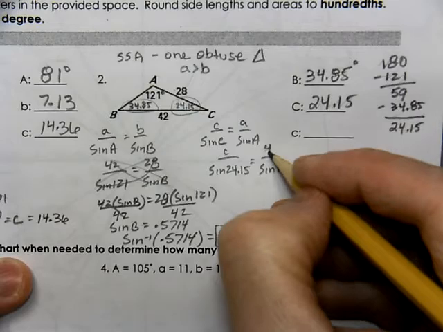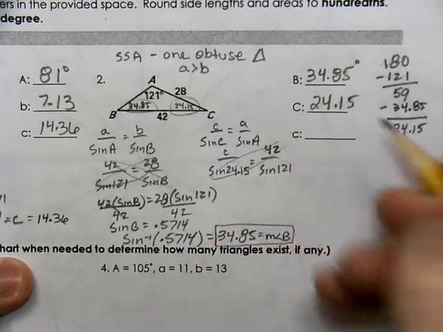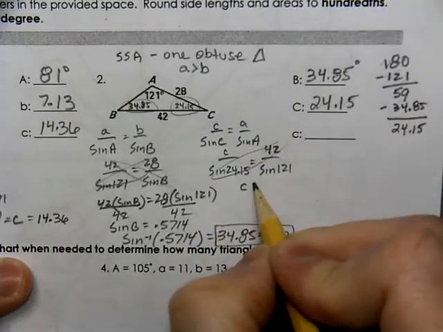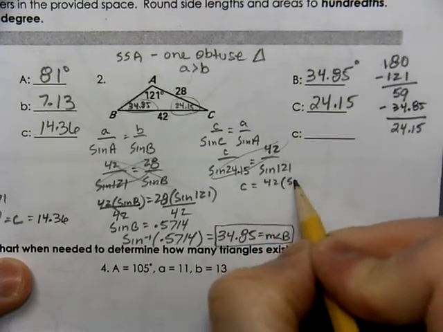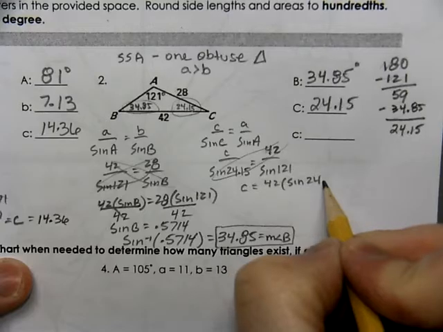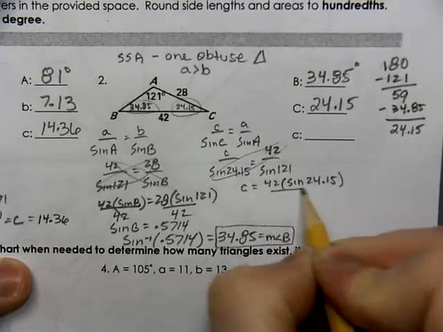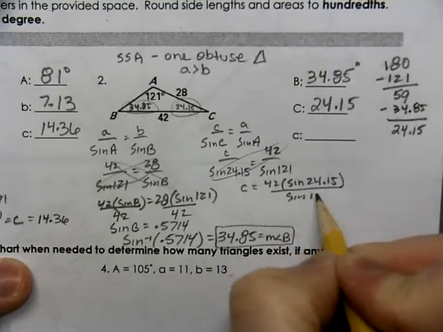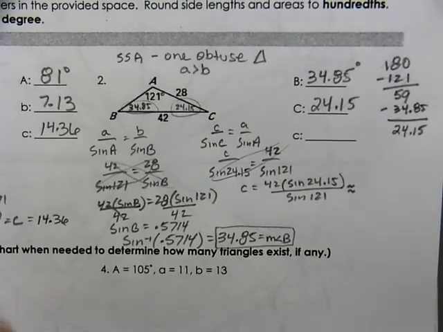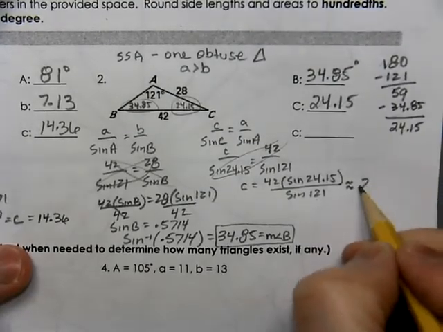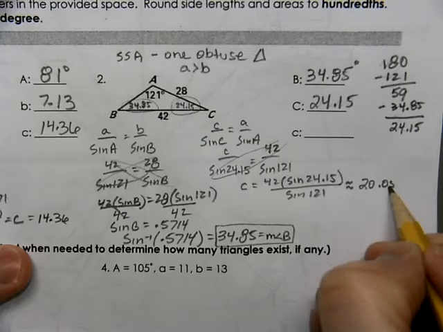We can put a 42. We'd cross multiply, so that C is going to be 42 times the sine of 24.15 over the sine of 121. And that'll come out to be approximately 20.05.